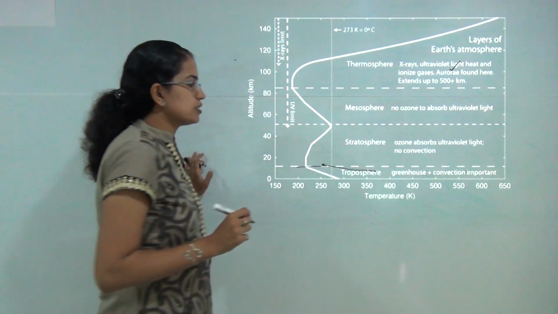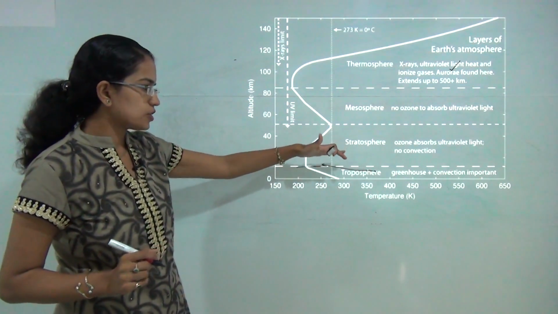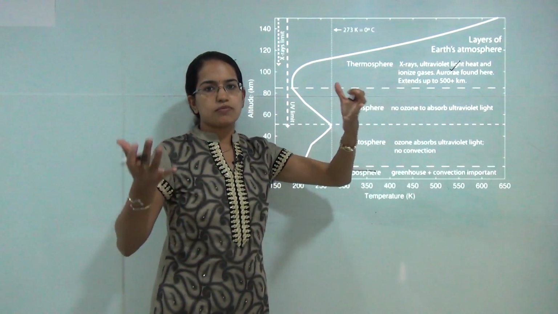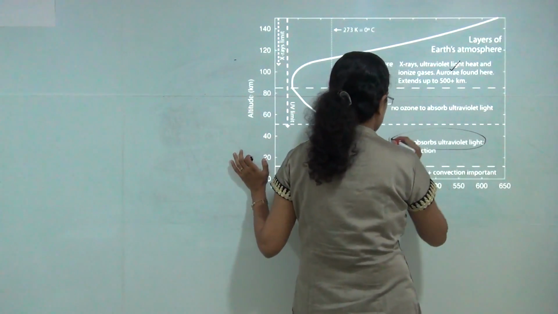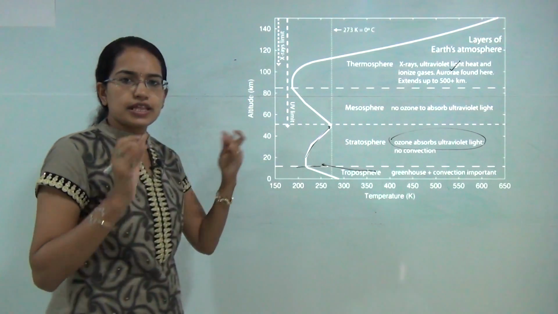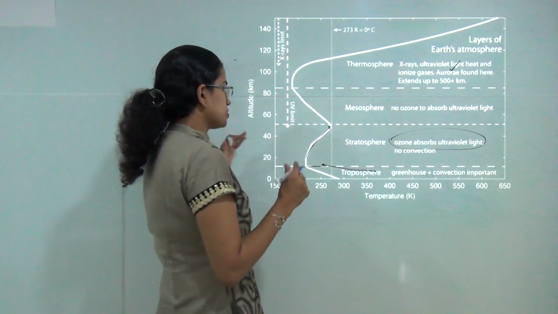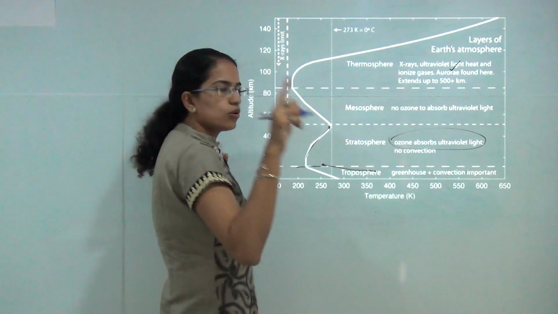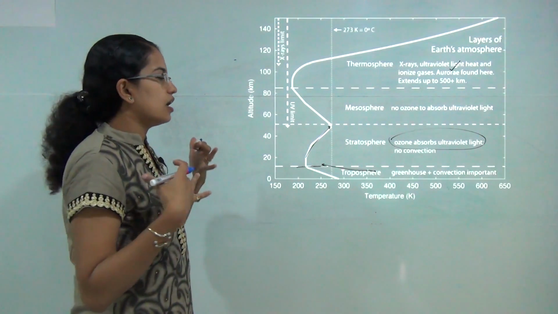At the tropopause, as soon as they enter the stratosphere, ozone would absorb the ultraviolet rays, and this absorption of ultraviolet rays would lead to a further increase in the temperature. When the next section, the mesosphere, occurs, there would be no ozone to absorb the UV rays.